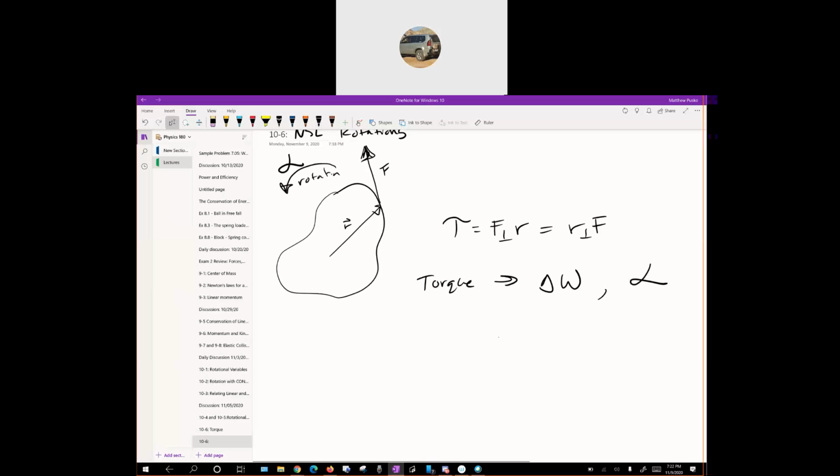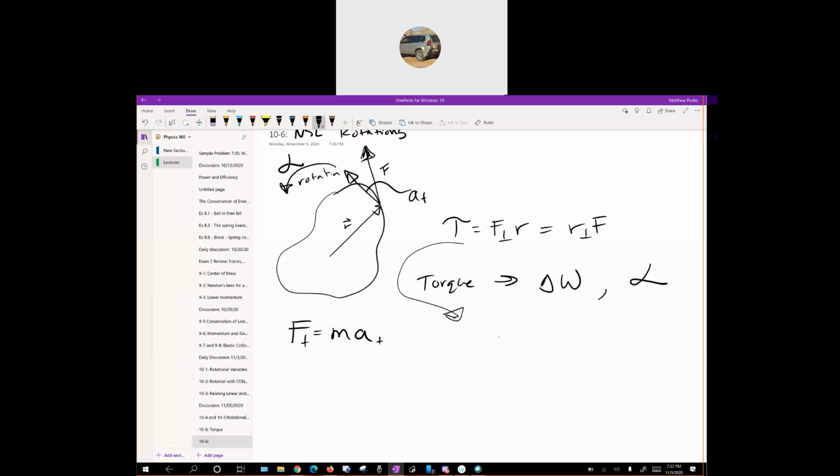Well, if we have good old Newton's second law, force is equal to mass times acceleration, and we're really just looking at the tangential components here, so we'll subscript these with a t. We also have our torque definition right here.